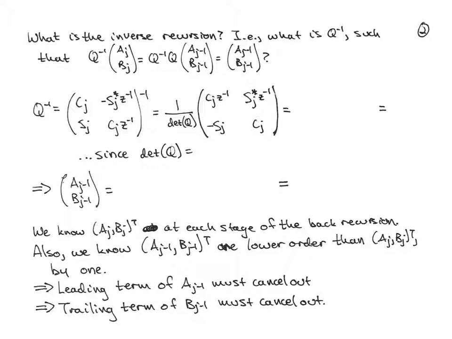And we can use a sub j here for the jth time point. That is, what is q sub j inverse such that q sub j inverse times the polynomial after that rotation is equal to q sub j inverse times q sub j times the j minus second order polynomials, which gives us the polynomial back.